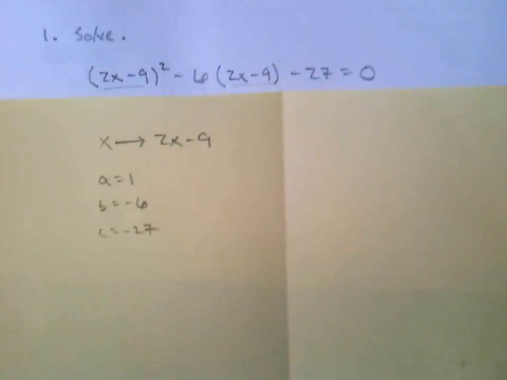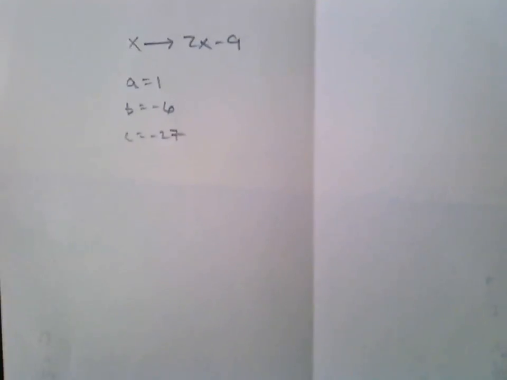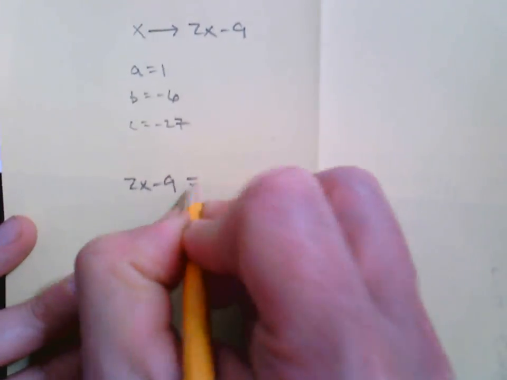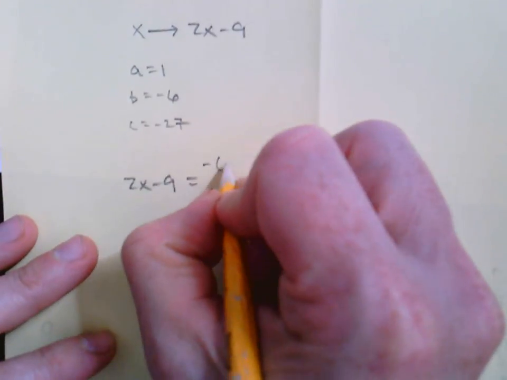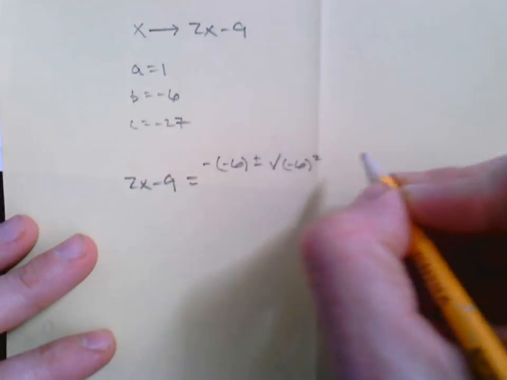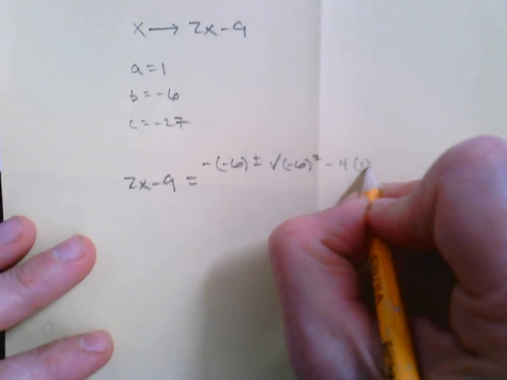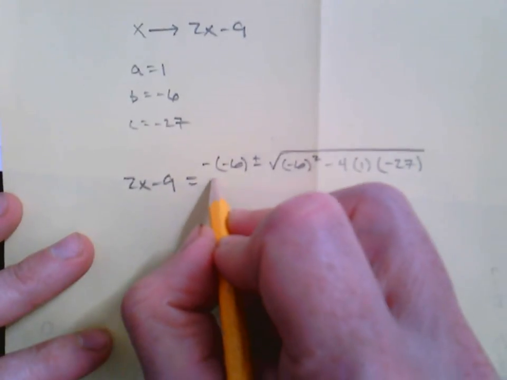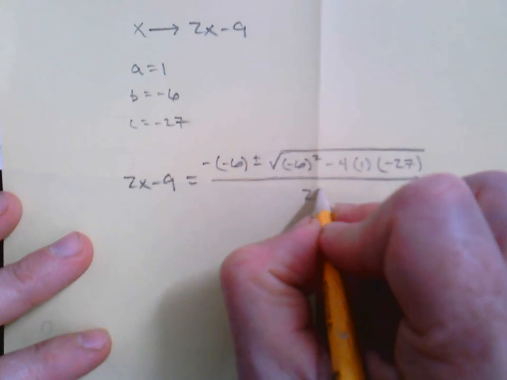Okay, let's go for it. So I've got 2x minus 9 equals negative b plus or minus the square root of that entire b squared minus 4ac, all over 2 times a.